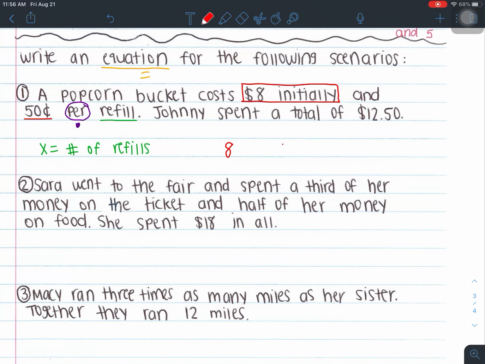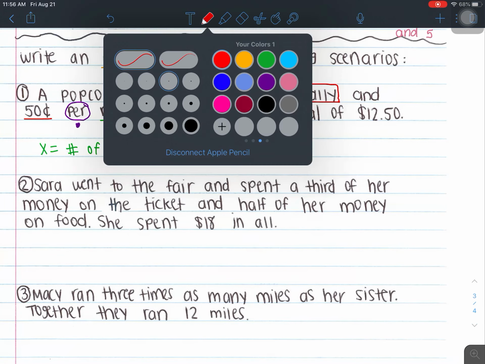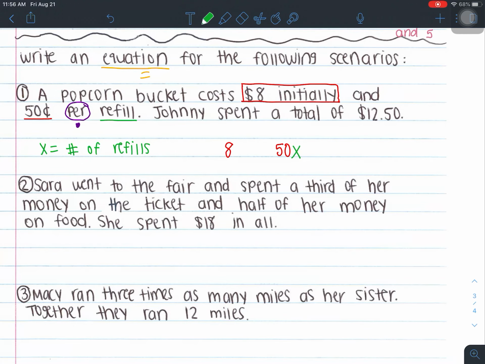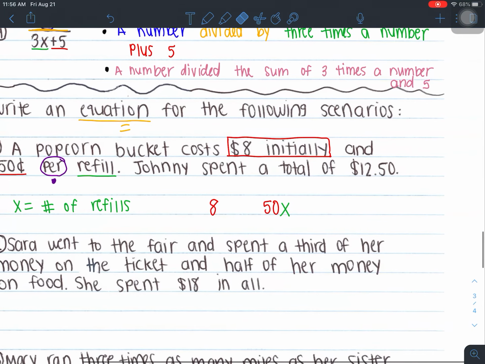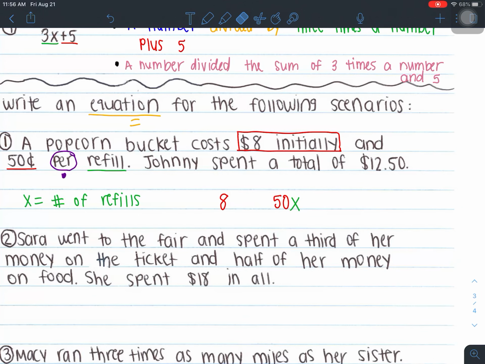So 50 cents, remember per means multiply, but I could just put an X next to it. Because in math, if you want to say 3 times a number, so 3x, you don't have to write 3 times x. You can just write 3x. When a number and a variable are right next to each other like that, it is understood that they are being multiplied. So you do not have to write that dot in the middle. So 50 cents times each refill.